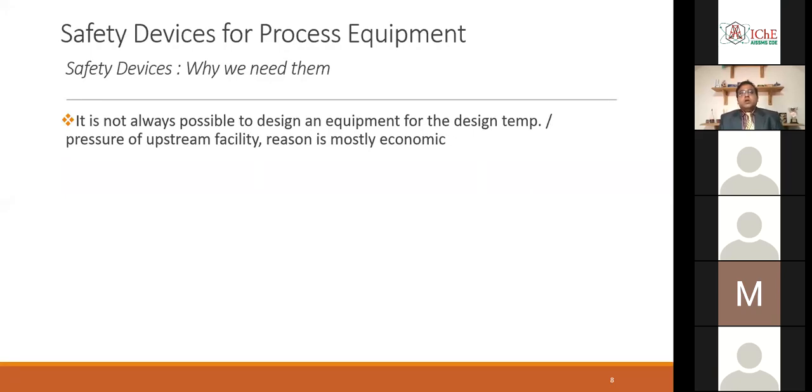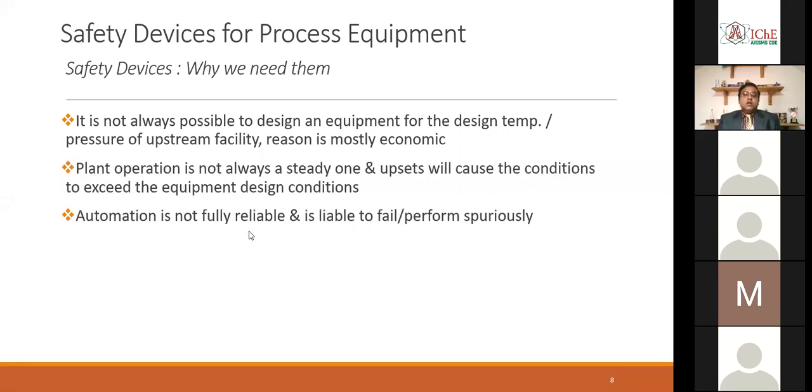So we will not necessarily design all the associated equipment of all the circuits of the pump for that high shut-off pressure, because it will unnecessarily make the equipment very thick, and so the cost of the plant will become higher. So we would put safety devices at key locations to protect the entire system.